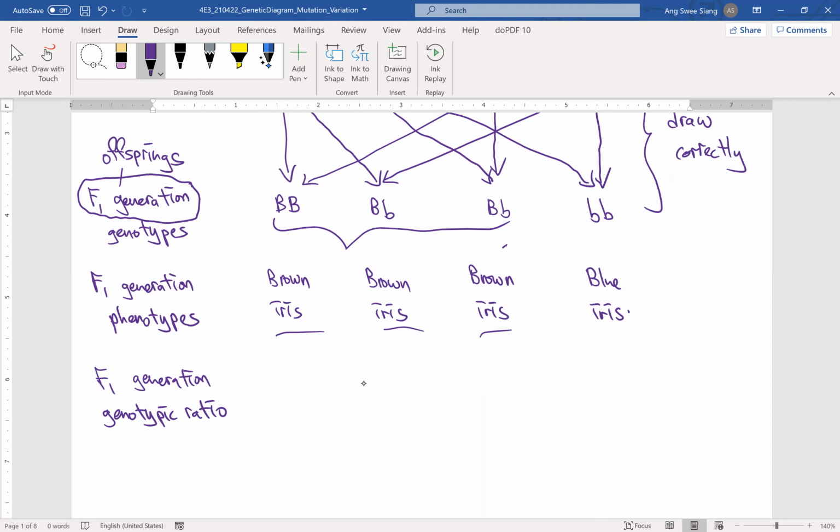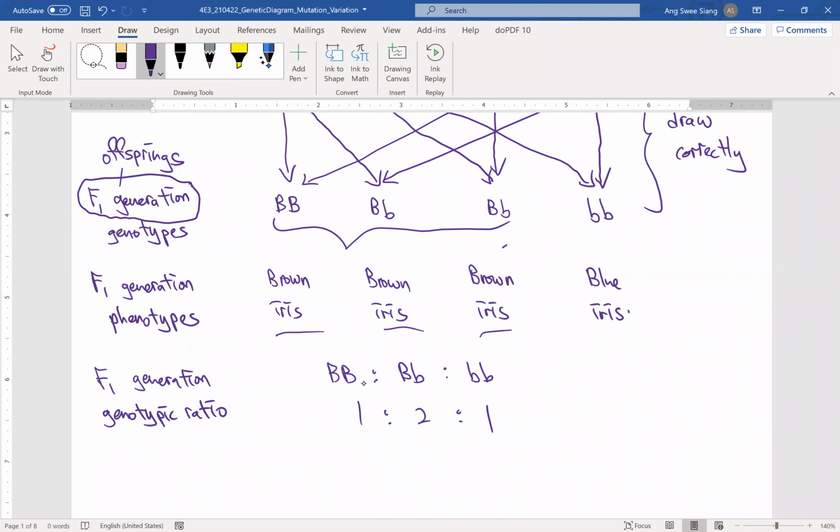If you look at the F1 generation genotypes, there are 3 possible genotypes: the homozygous dominant, the heterozygous, and the homozygous recessive. So the ratio is 1:2:1. How do I get 1? Because out of these 4, one of them is homozygous dominant. And how do I get 2? Because there are 2 heterozygous. Then homozygous recessive only 1.